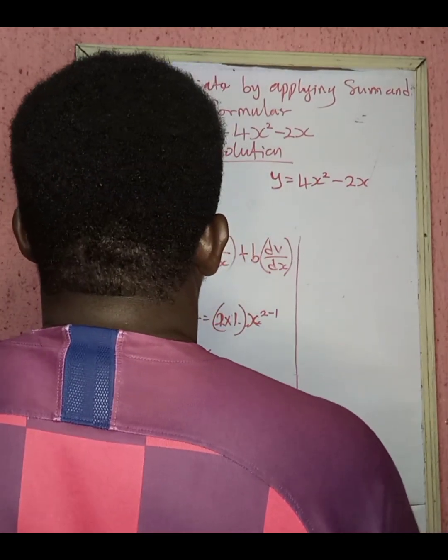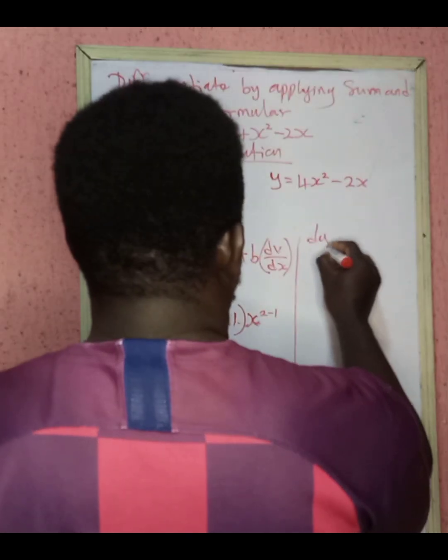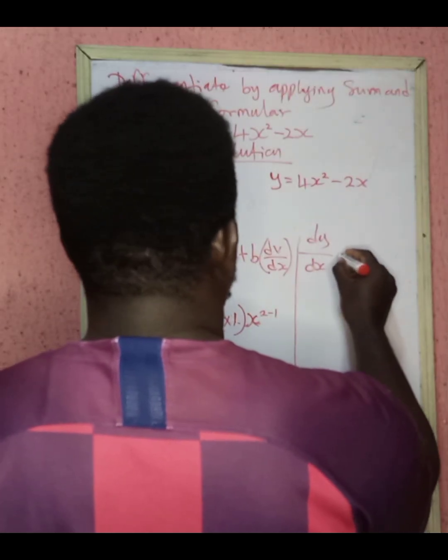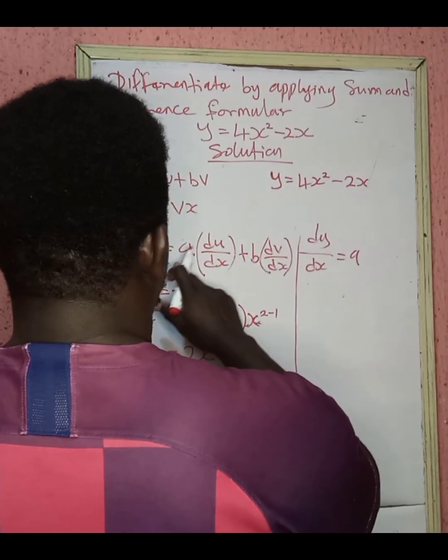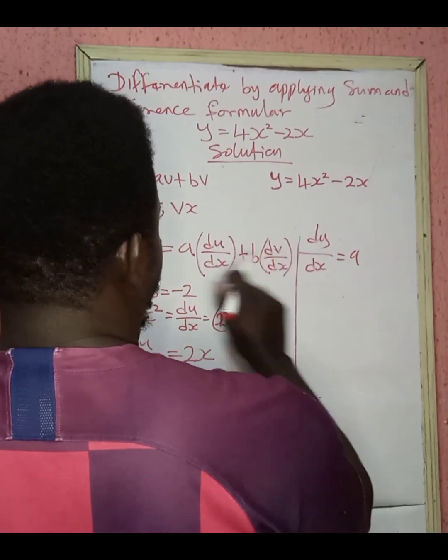So now dy over dx is equal to a times du over dx plus b times dv over dx. What is our a?